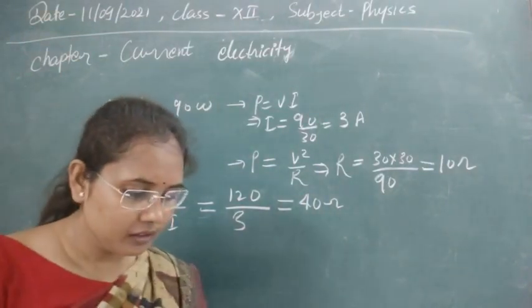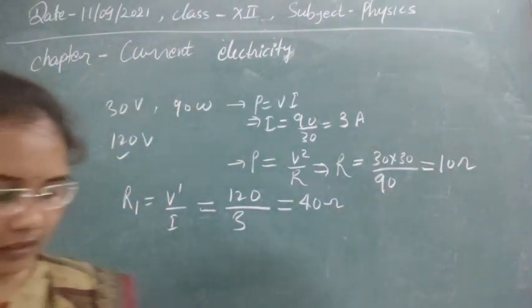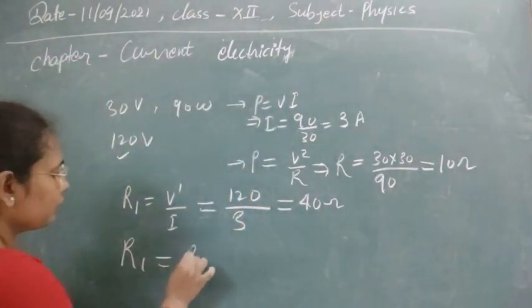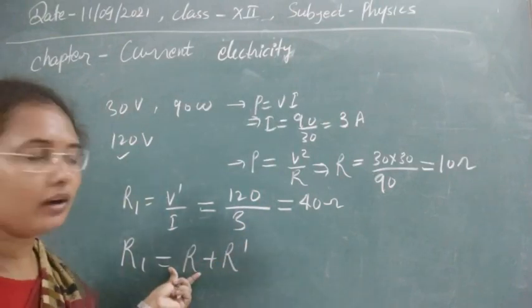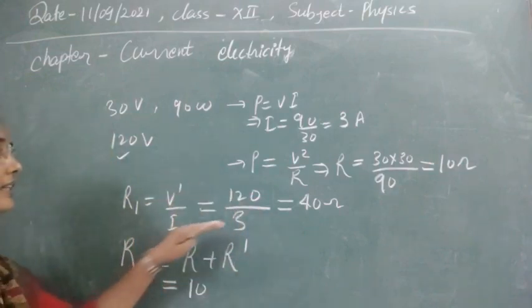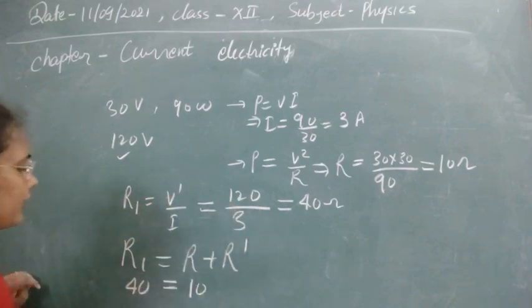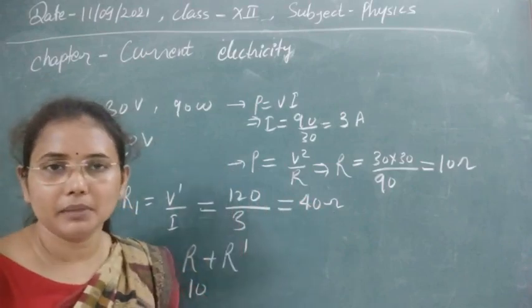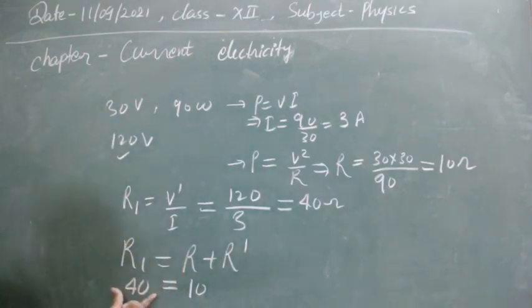Now as you know, the final resistance, R1, should be equal to R plus R dash. Now R is the resistance of the bulb, so this is now 10, and the total resistance needed to maintain this 3 ampere current from the supply is 40. So 40 ohm is the resistance of the total system. Means after connecting the bulb with the resistor, the total resistance would be 40 ohm.